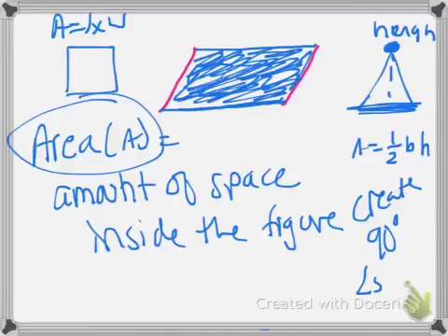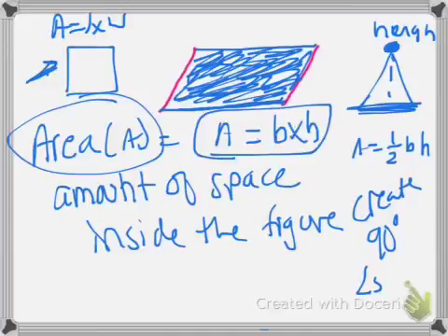So when we are looking at parallelograms, we're going to use the same formula, but in a slight variation, as we are with the square. When we're looking for the area of a parallelogram, we can use the formula of just base times height. We still get a base like we normally would with a square.